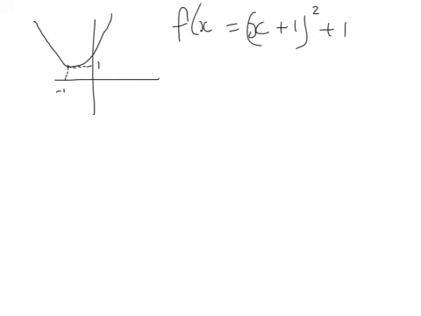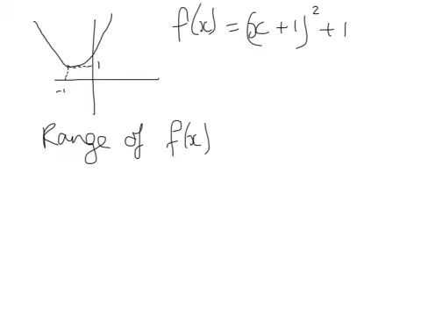F of x. Okay, so the range of f of x is all of the y values. So the lowest y value is here, and then it goes up to infinity. There's no stopping that y, it goes up and up and up. So the range of f of x is all of the y's that are greater than or equal to 1.